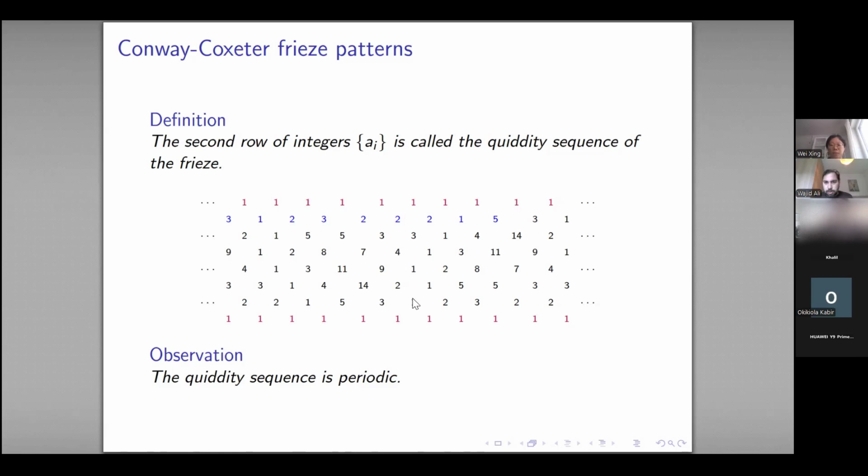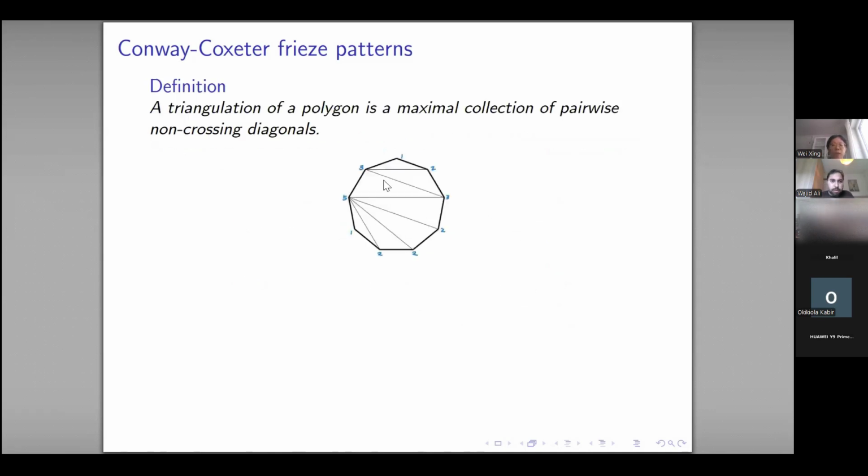Indeed, Conway and Coxeter gave a very nice bijection between such sequences, which can be the quiddity sequence of Friezes, and triangulations of polygons. So let's recall the triangulation of a polygon.